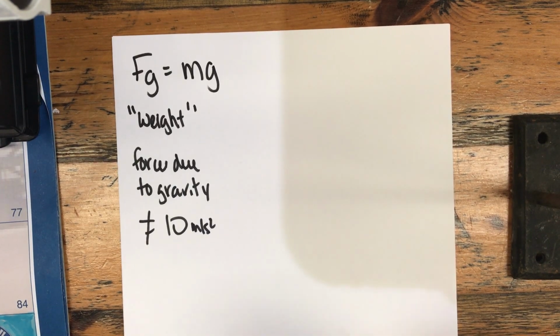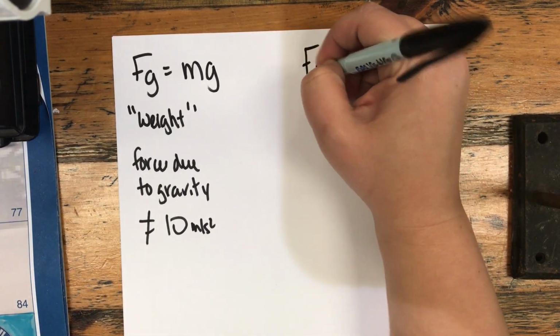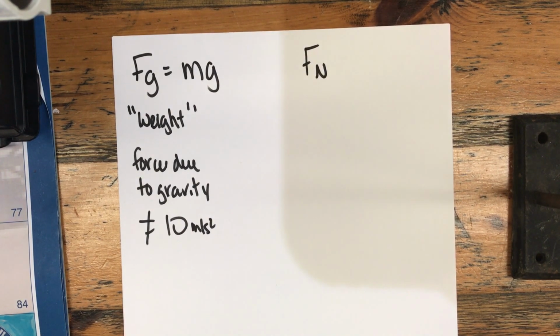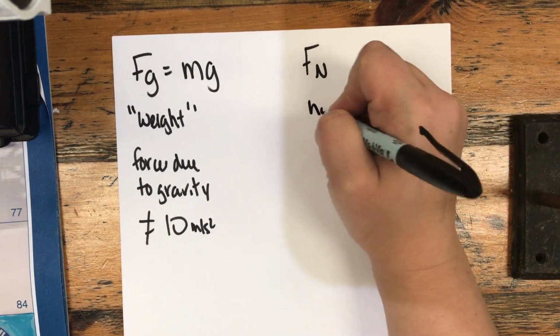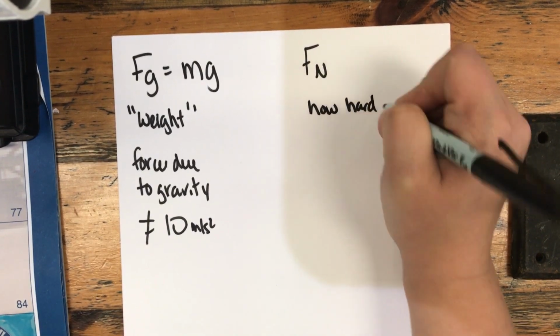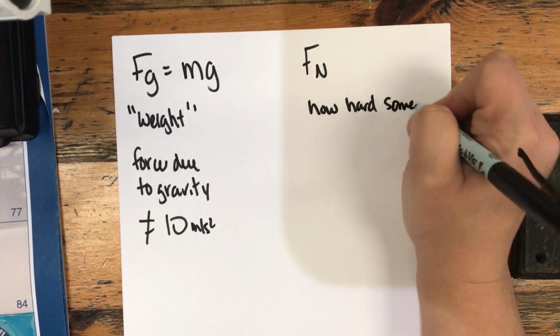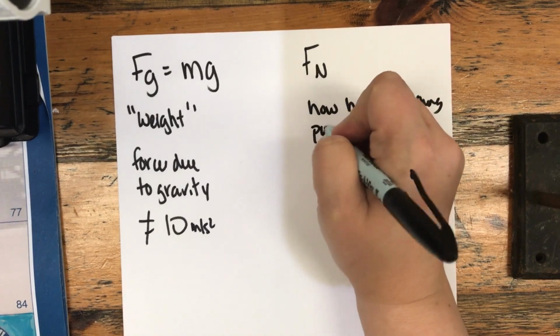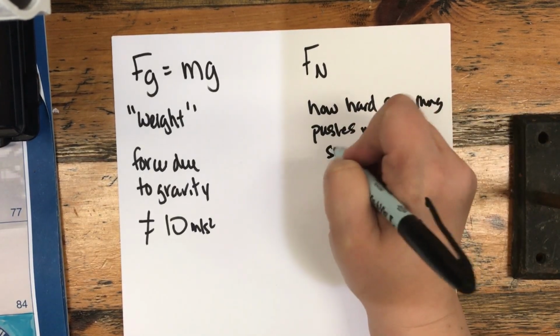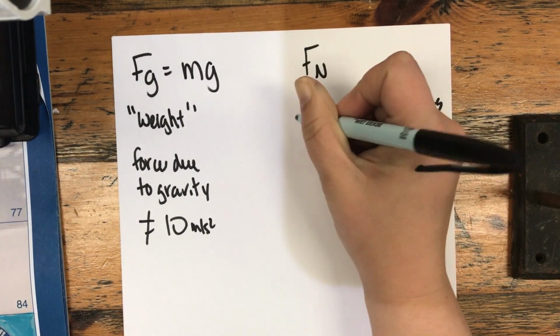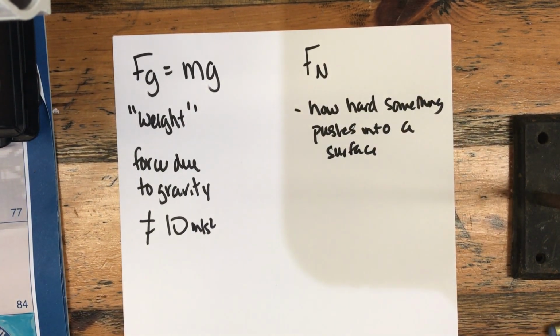Now, another force that we commonly use and we've seen already is the normal force. Normal force is how hard something pushes into a surface. In this case, how hard something pushes into a surface is going to be perpendicular to that surface.